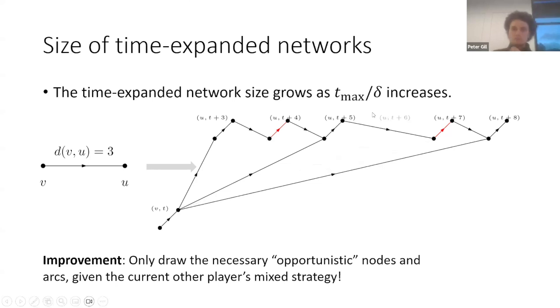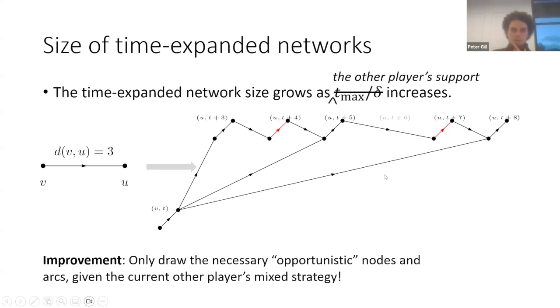And if you think about it more, I can even get rid entirely of that u t+6 node because it's completely useless. I should either wait, depart from t+5 and move slower to my next destination, or wait even longer and arrive at u at time t+8 over there.